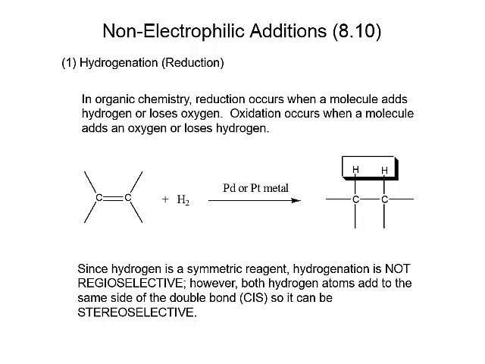First one's hydrogenation. So if you want to add hydrogen across a double bond to reduce a double bond into a single bond, remember that oxidation means gain oxygens, lose hydrogens.